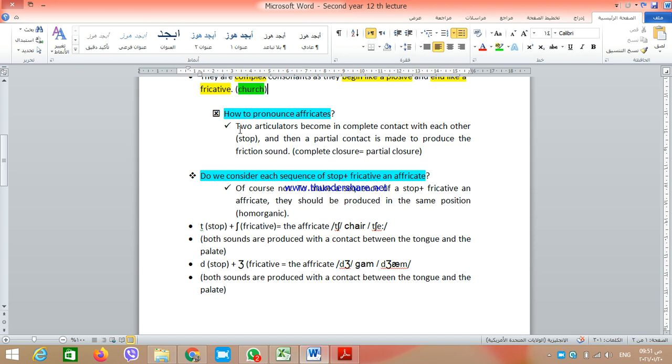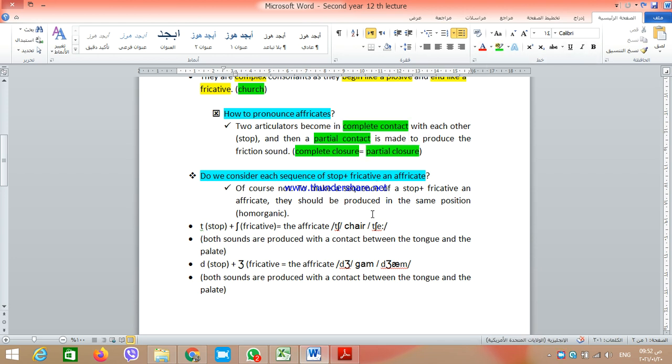So in this case, how do we pronounce the affricate sound? Now we have two articulators which are in complete contact first to form and to pronounce the stop sound. Then a partial contact is made to produce the friction sound. So we have two stages here. The first one requires a complete closure, and the second one requires a partial closure.